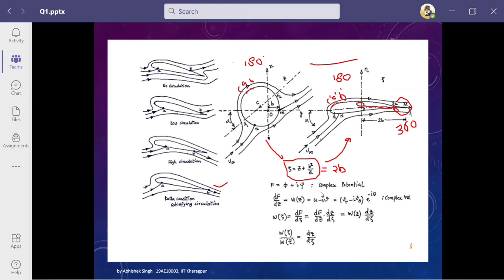So we write this as phi plus i psi as a complex potential, and when we differentiate f with respect to z, we get the complex velocity, that is u minus iv, which can also be written in this form. Basically both are the same, just different notations.